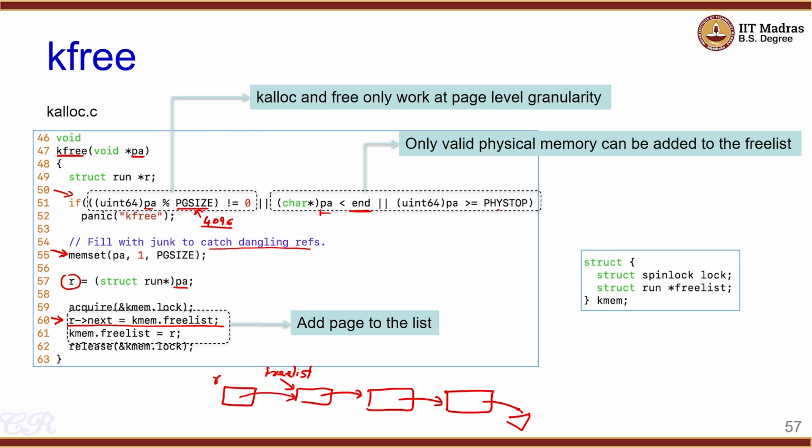And in the next line, that is line 61, we are making free list point over here. So with kfree, for a given physical address, we have essentially added that physical address to the free list.